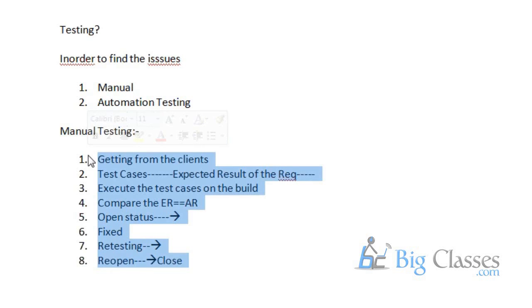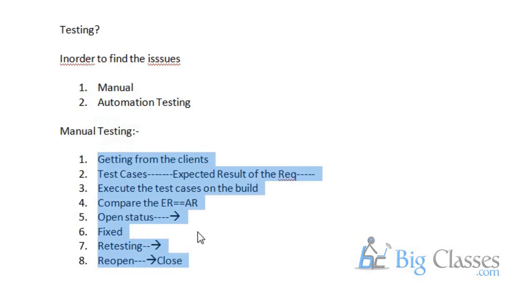Once they prepare the test cases, they get the build from the development team and execute the test cases on the build. While executing the test cases, they get results, and they need to compare the expected results and actual results.